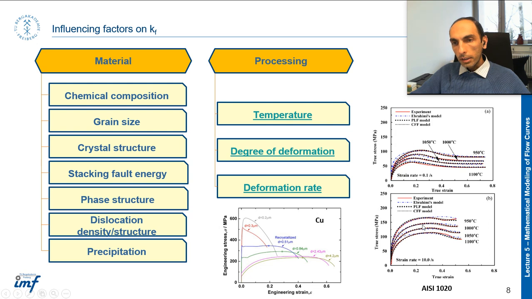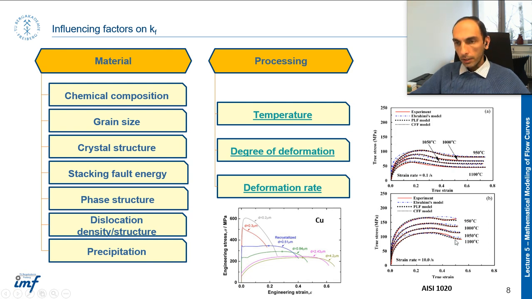And then in this figure you can see the effect of temperature and strain rate. Okay, you can clearly see that by increasing the temperature, the flow stress decreases, what we could expect.